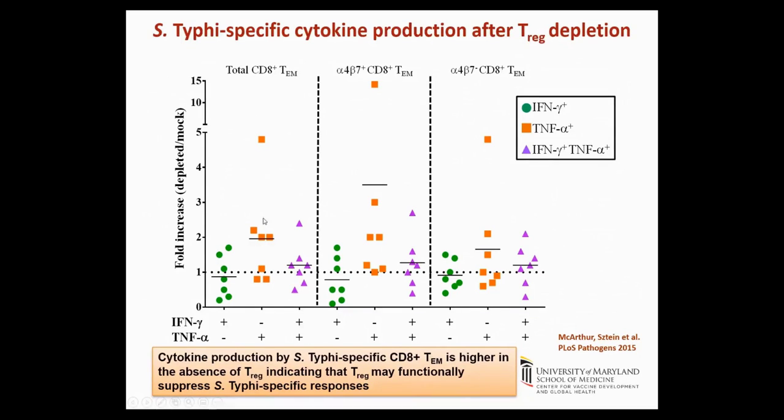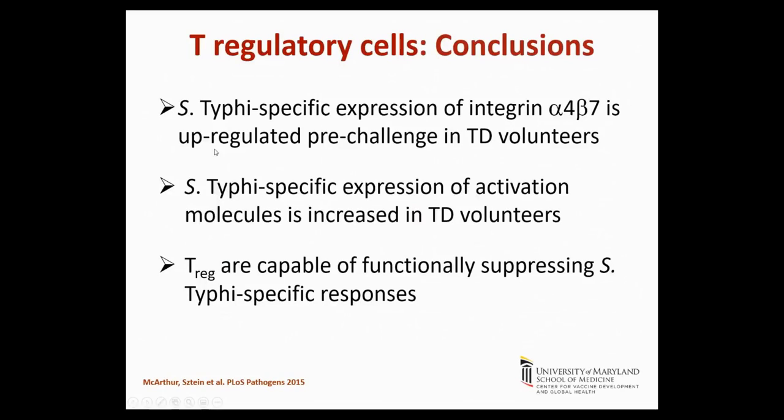We can see a significant increase in cells that responded to TNF alpha, as well as those that are double positive. And these increases were observed both in cells expressing alpha 4 beta 7, which is an indication that these cells are coming to the gut, as well as alpha 4 beta 7 negative cells.